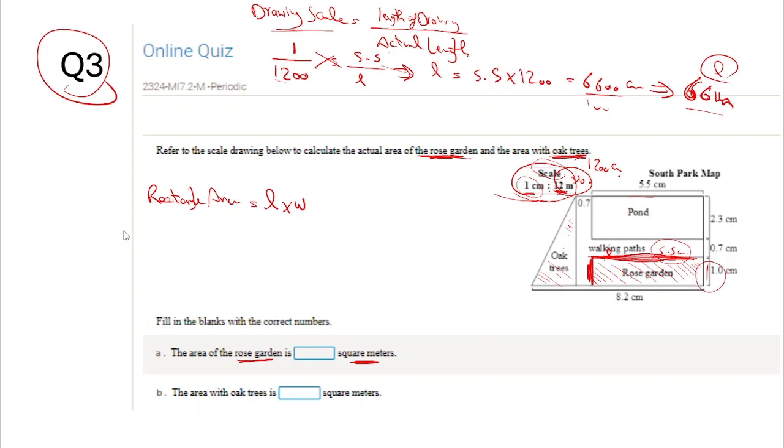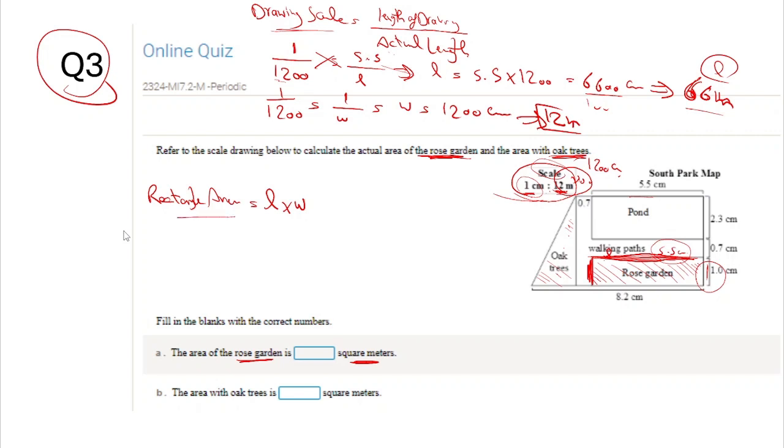Now for the width, make the same equation, 1 over 1200 or 1 over width. So width will be equal to 1200 centimeters converted to meters, so it will be 12 meters.